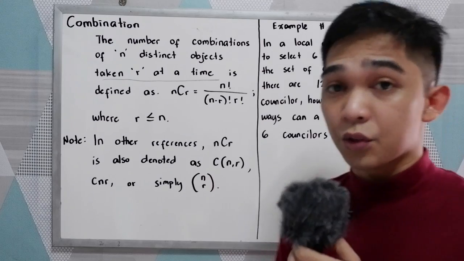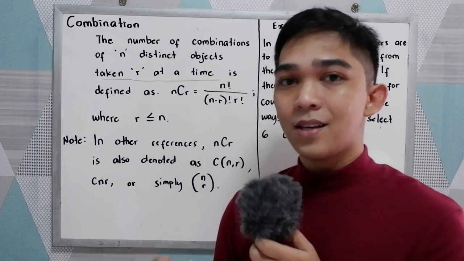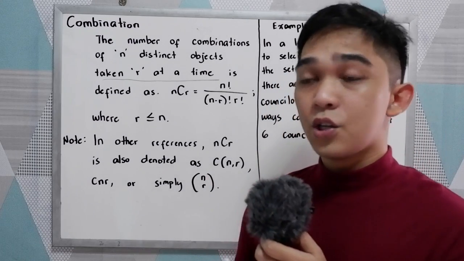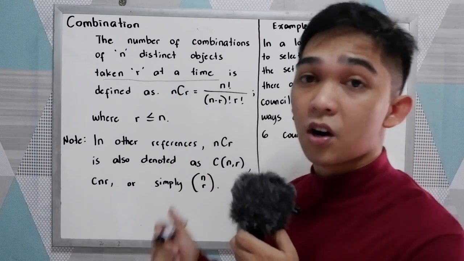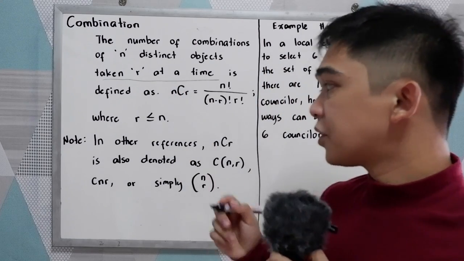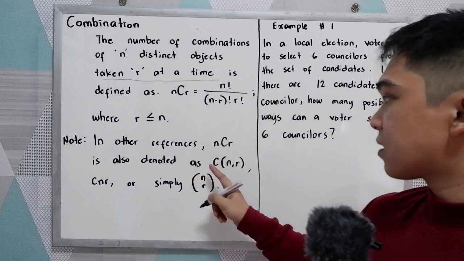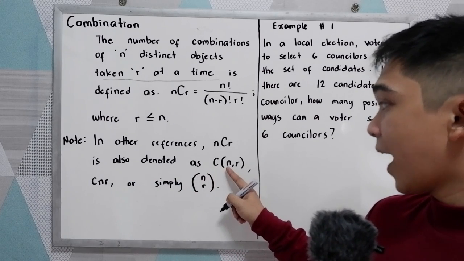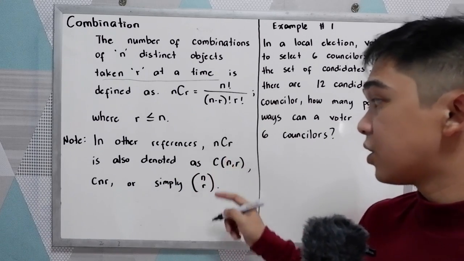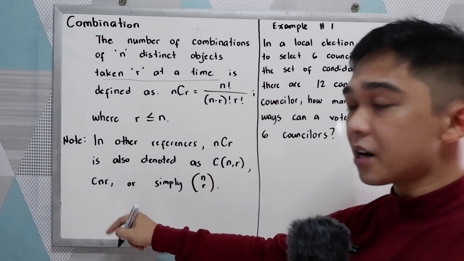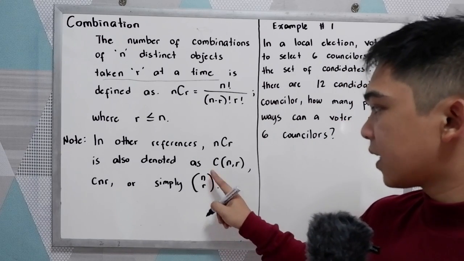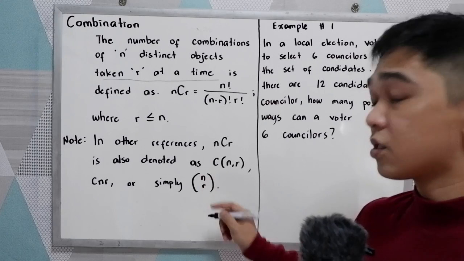In your calculator, please kindly check your calculator. You will see this symbol, the nCr. And in other references, nCr is also denoted as C(n, r), or simply n and then below that is r.